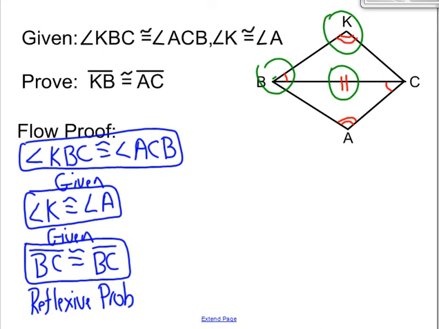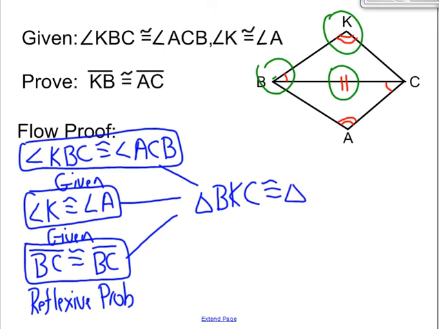And all of that is enough for me to say that triangle, let's do this right, we'll call it triangle BKC is congruent to, now we have to be careful here how we name the other triangle because they got to be corresponding parts.